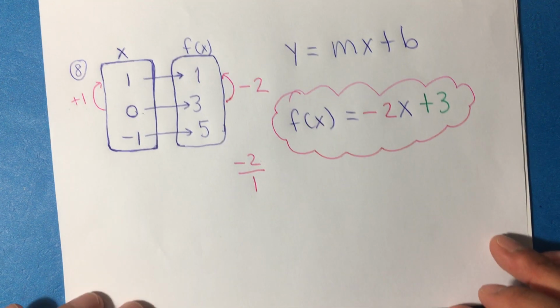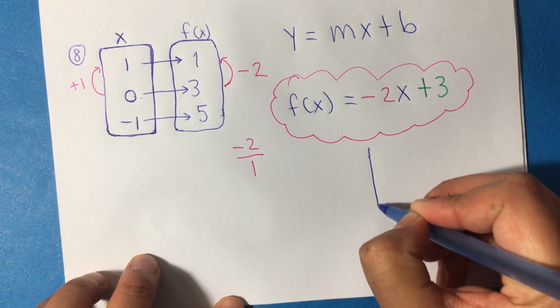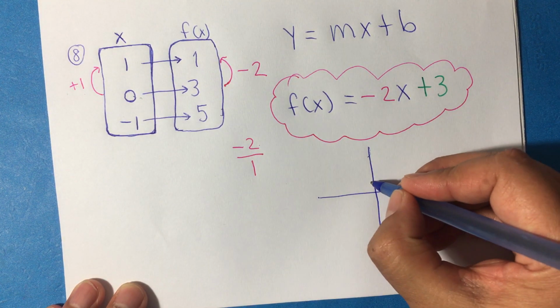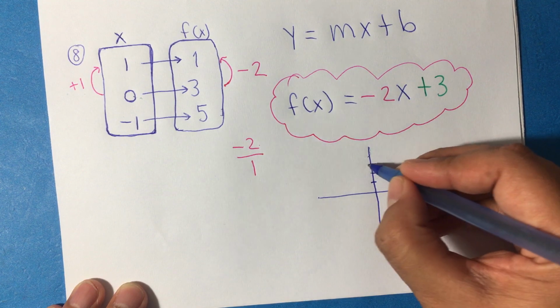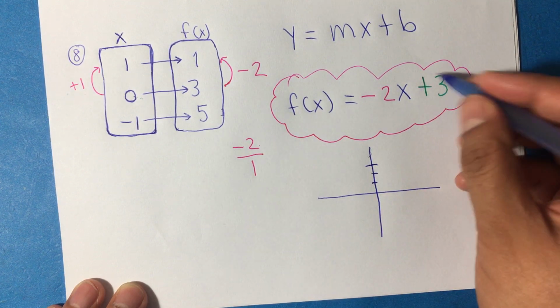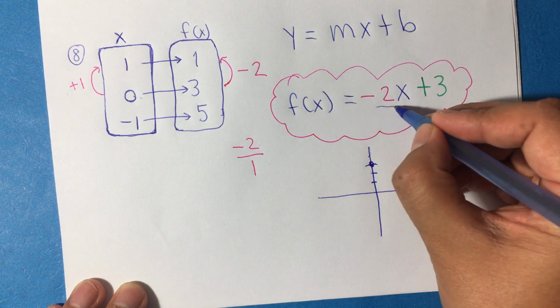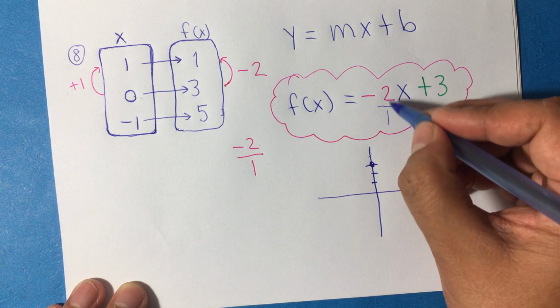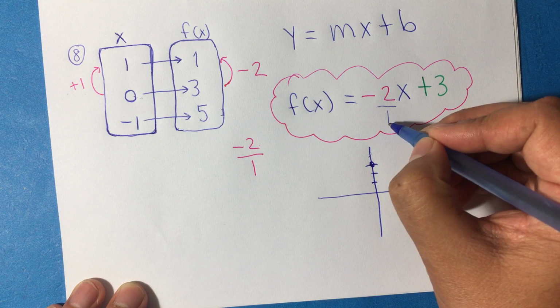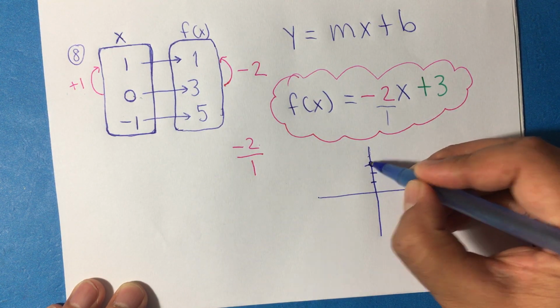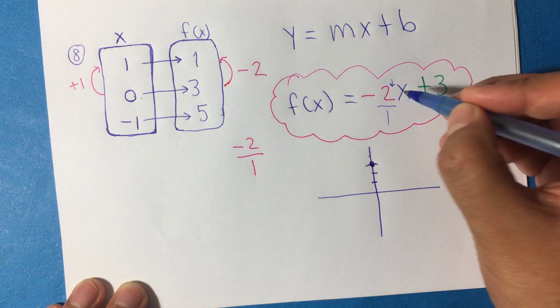Now, you don't have to graph in here, but it's just so that you can make the connection to the previous unit. So in here, the initial point is positive 3. Remember that the initial point is always on the y-axis. And then to graph, we do need the rise and run. So if it doesn't have a denominator, you put it over 1, which is why we have it here. And then it says, go down 2 spaces.